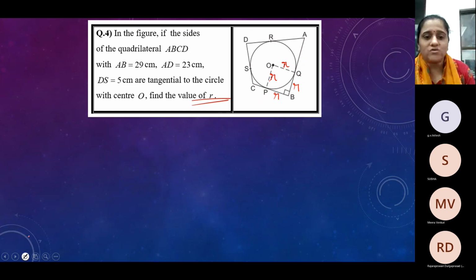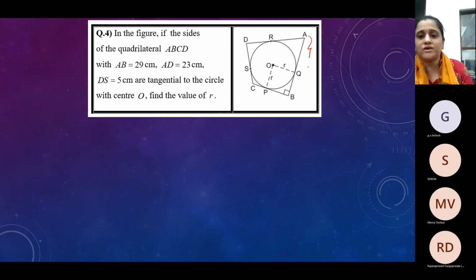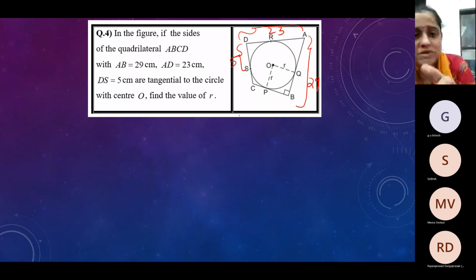So what is given? AB is 29, this full thing is 29. AD is 23. DS, this one, is 5. Start from that little portion, 5. That is not the full side. DS is 5, right? So DS is equal to DR, correct?